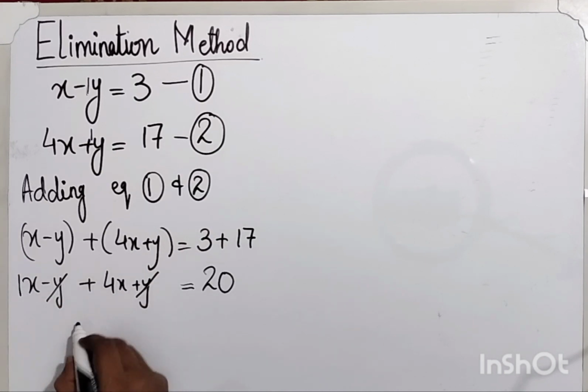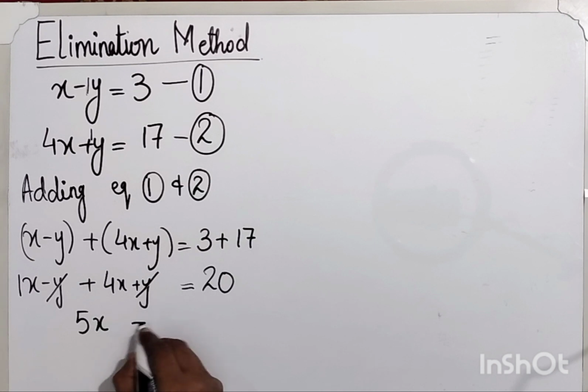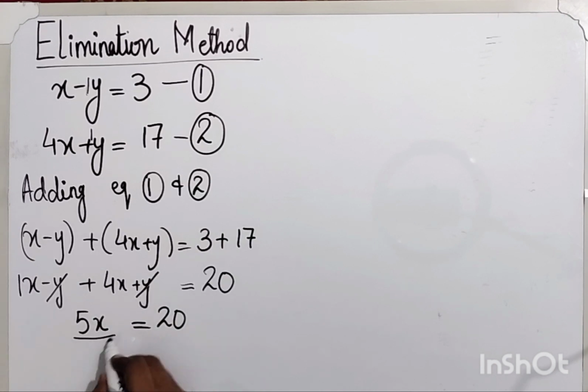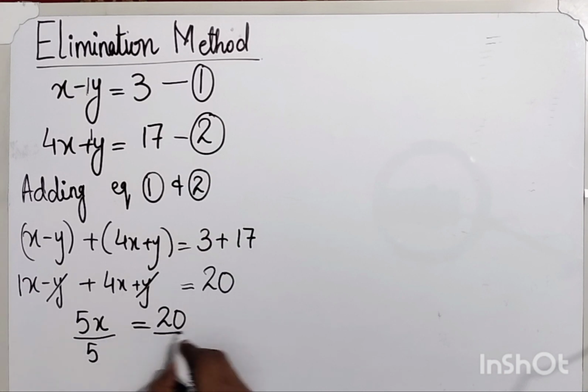In the next step, we add the like terms for x, and that makes it 5x equals 20. In order to find the value of x, we divide by 5 on both sides, which gives us the value of x as 4.